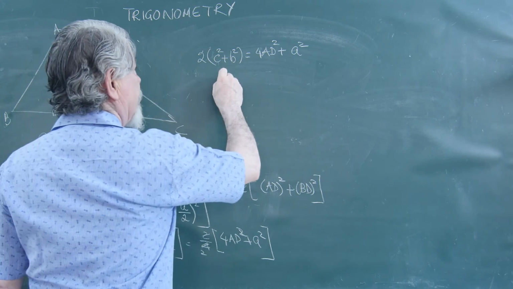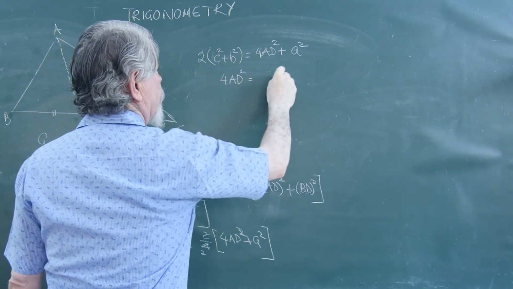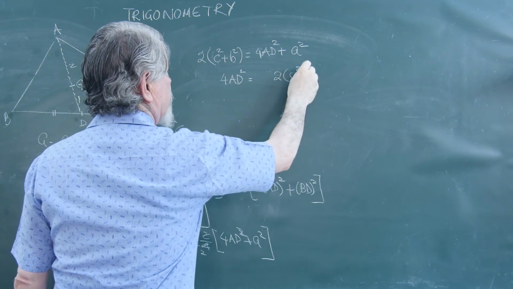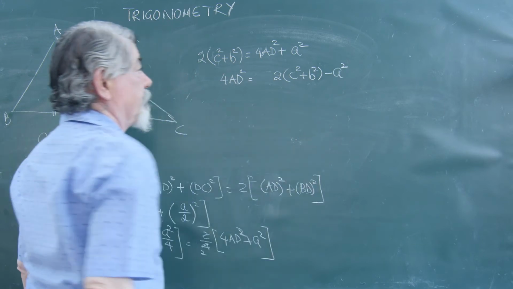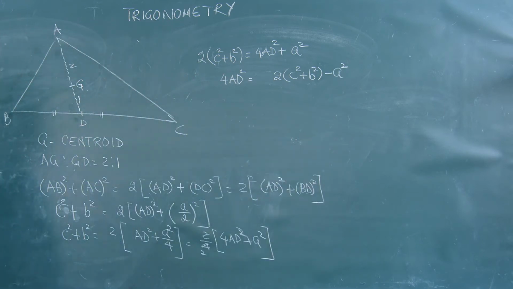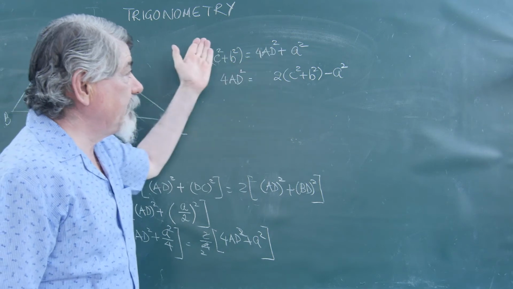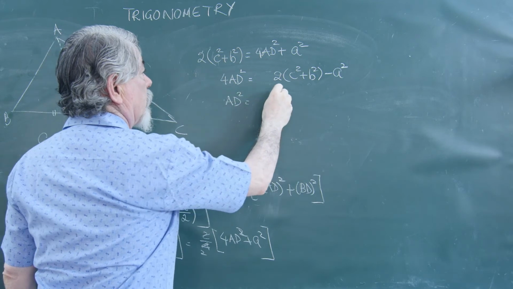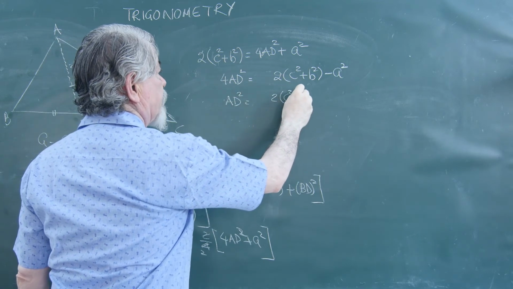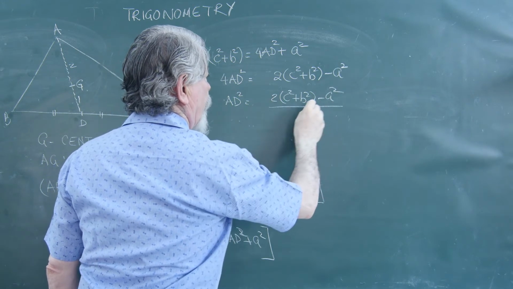So 4AD square will be equal to 2 into C square plus B square minus A square, or AD square will be equal to 2 into C square plus B square minus A square upon 4.